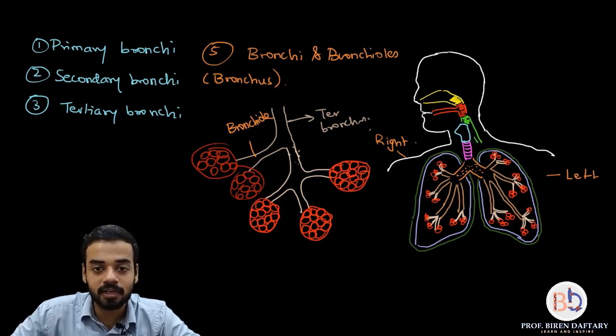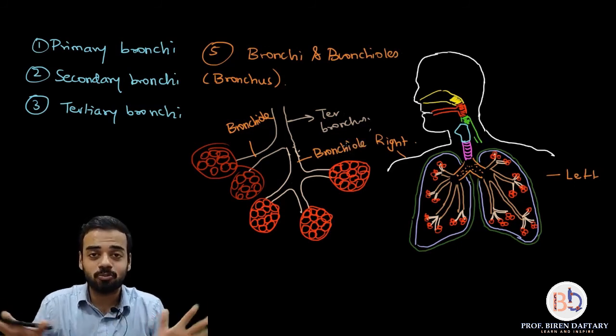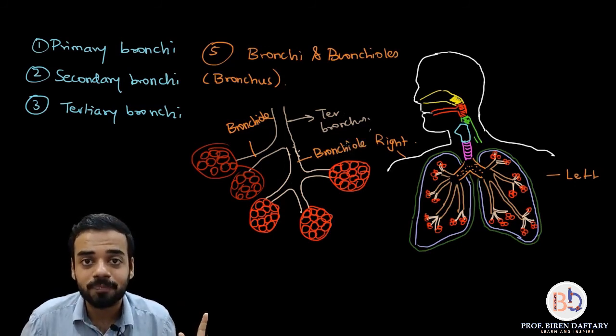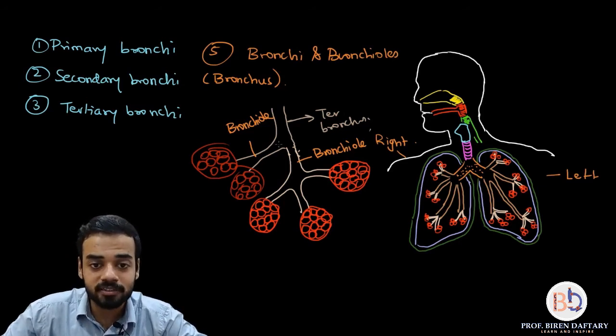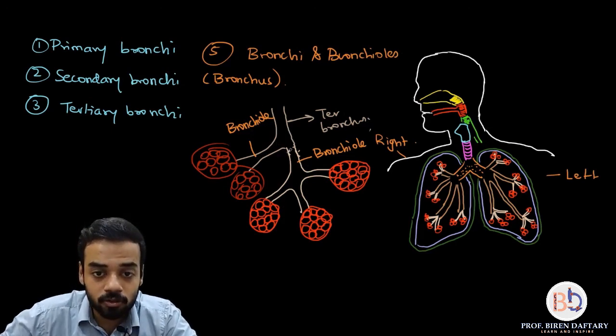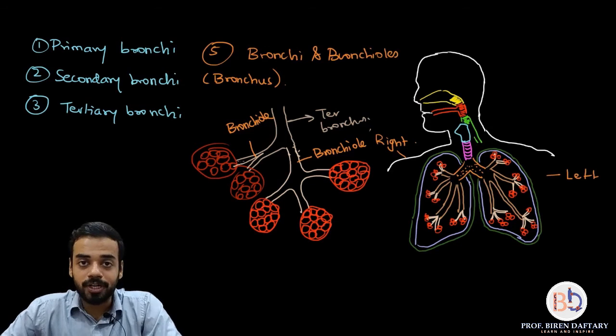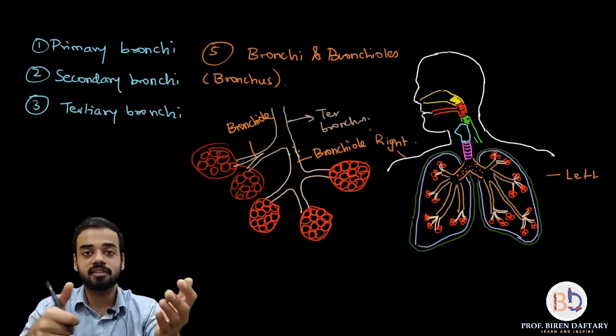Similarly, this branch is called a bronchiole. So each tertiary bronchus further divides into smaller branches called bronchioles. Are you getting me? This branch is a bronchiole, this branch is a bronchiole, and you can see the bronchioles are further getting divided. Over here also I can draw two branches. This is one, this is second. So are you getting my point? I hope this division is clear.